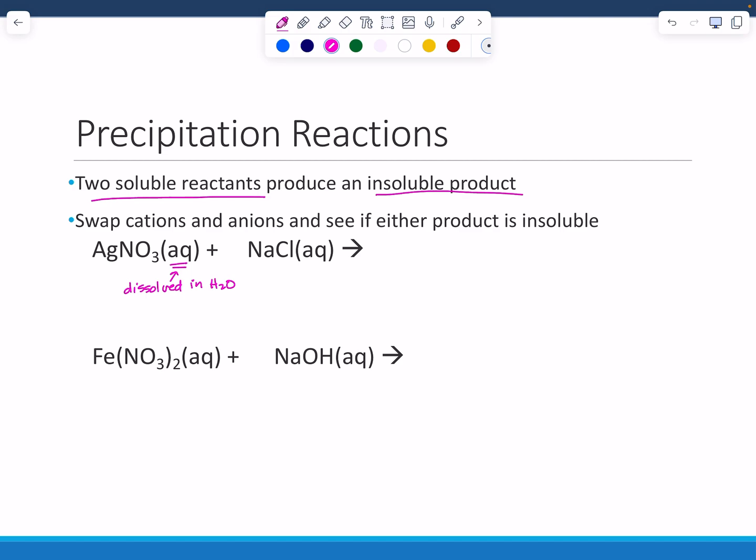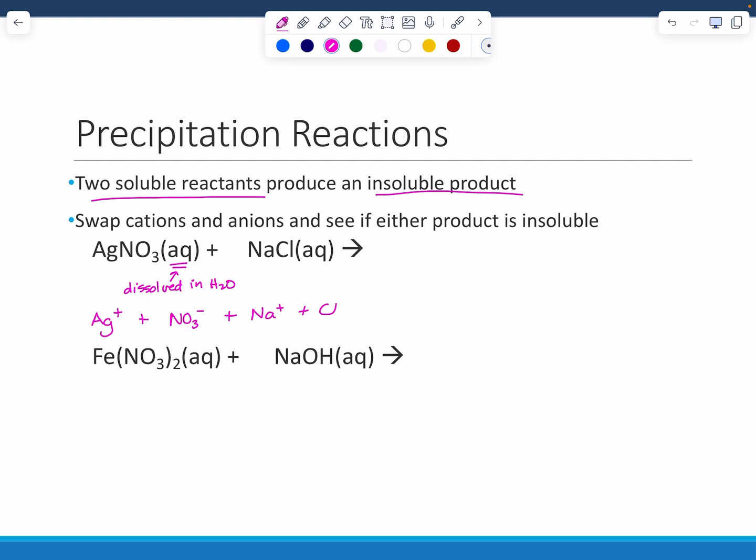So we could write all of our ions. So we've got our silver and we've got our nitrate, and we've got sodium and chloride.